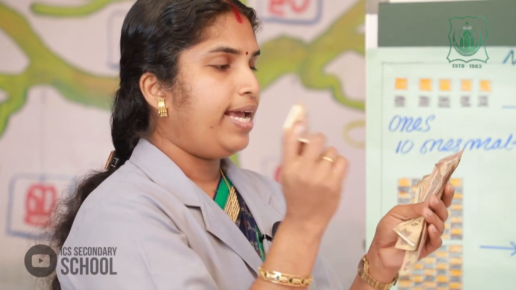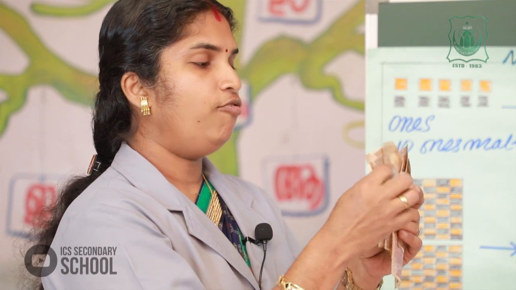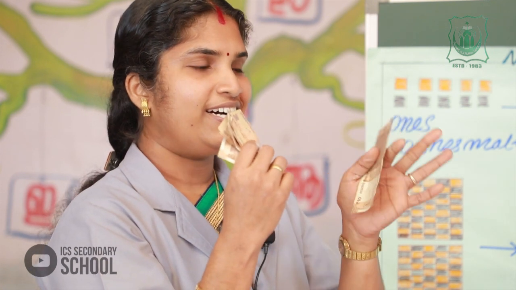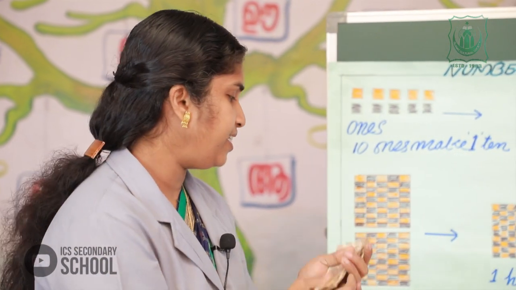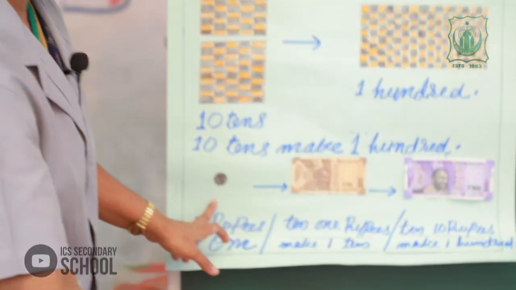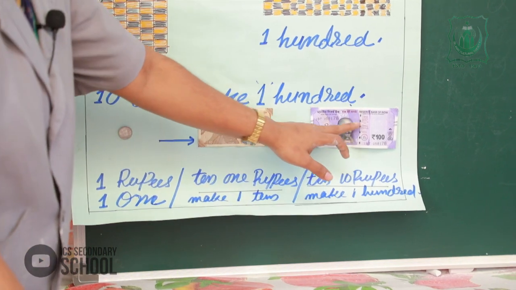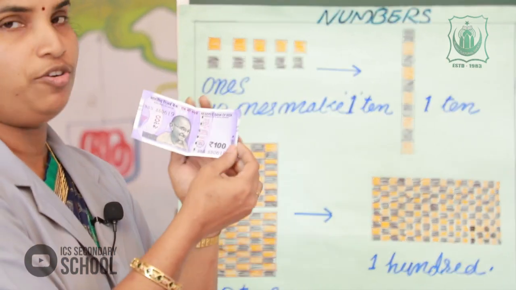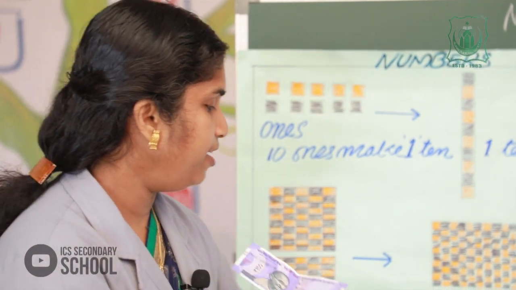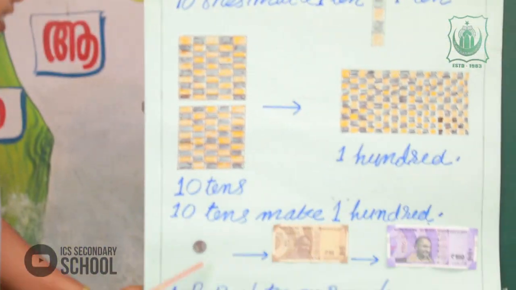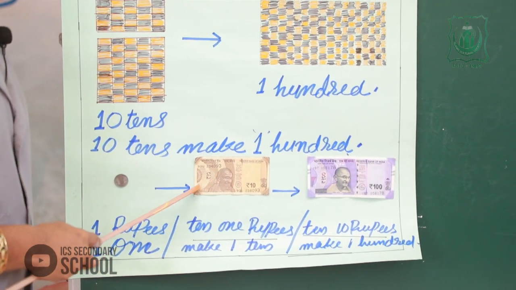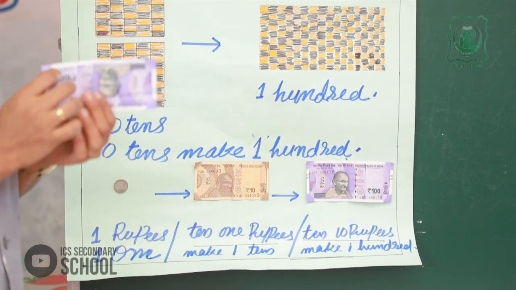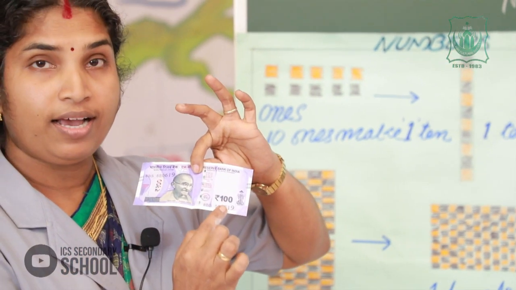Okay. 10, 20, 30, 40, 50, 60, 70, 80, 90, 100. 100 rupees. 10 one rupees make 10. 10 ten rupees make 100 rupees.